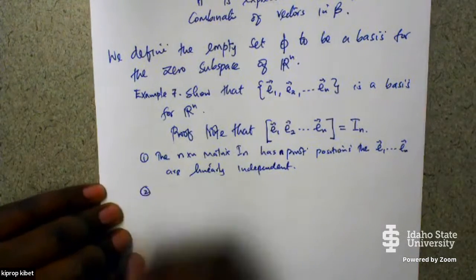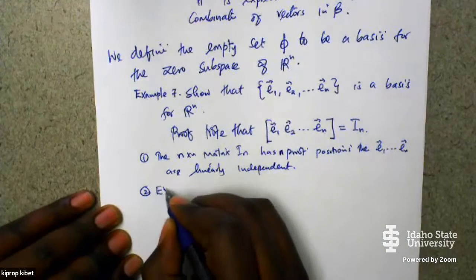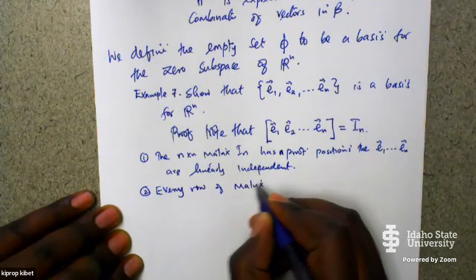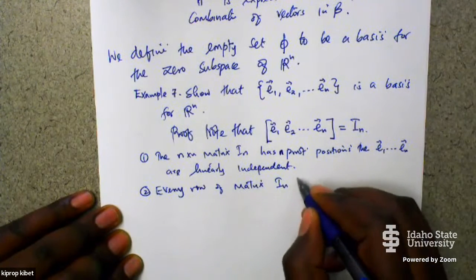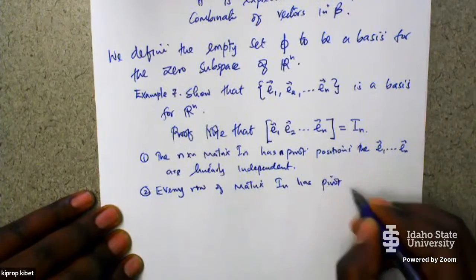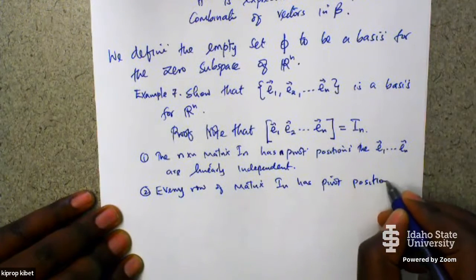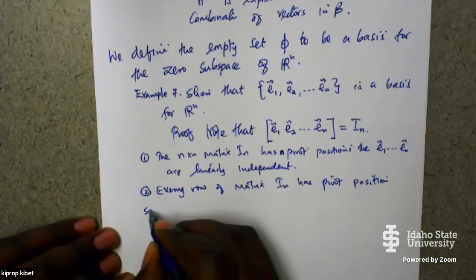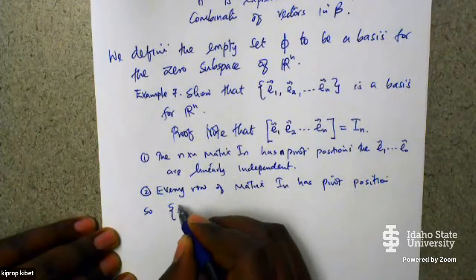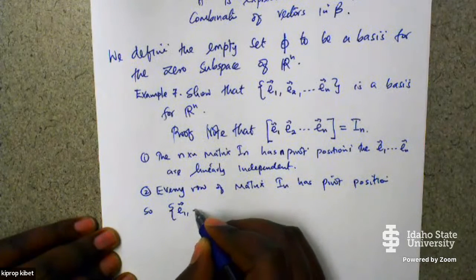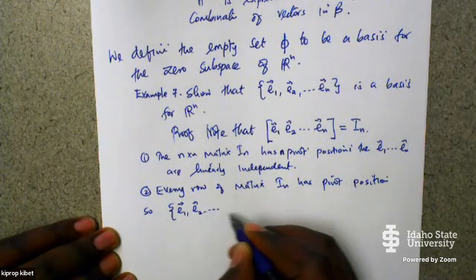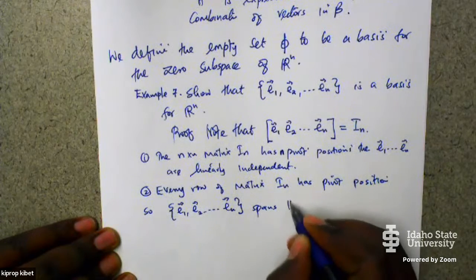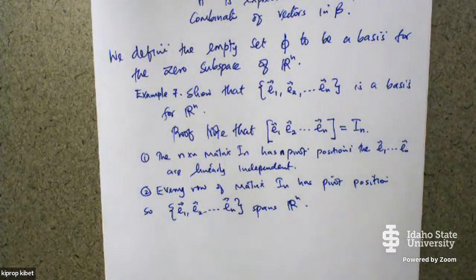Number two, every row of matrix In has a pivot position. So E1, E2, all the way to En span Rn.